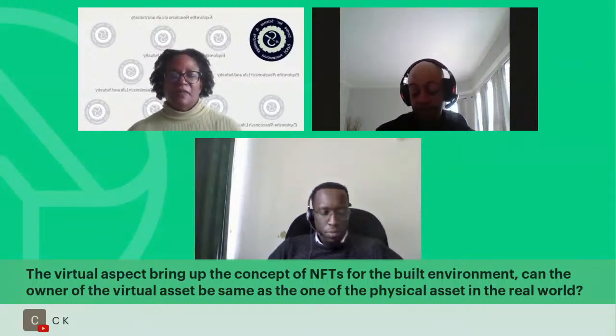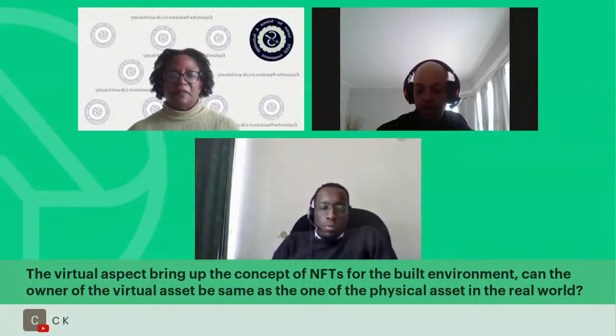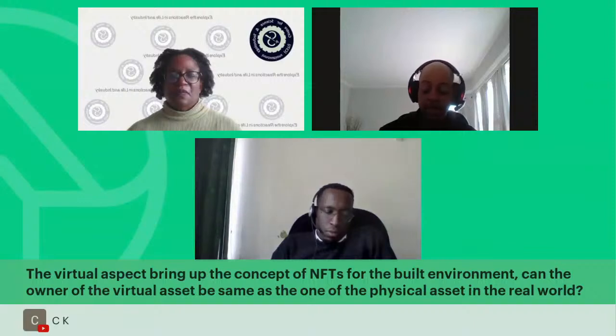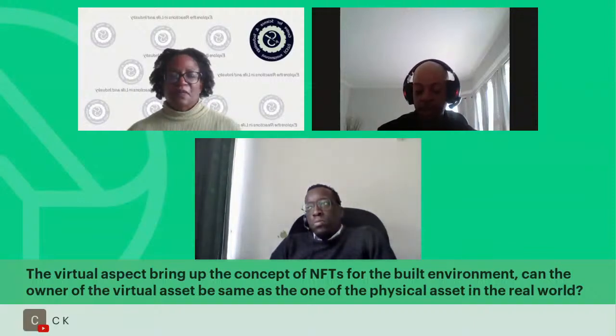And so it depends. If the smart contract, which is essentially underlying NFTs and other cryptocurrencies, says that individuals who own this NFT also own the physical space, then yes, that's completely possible.